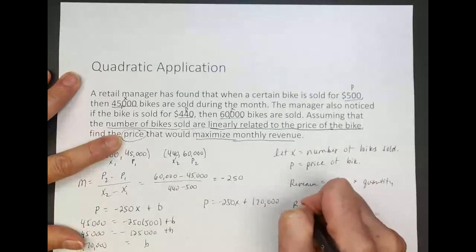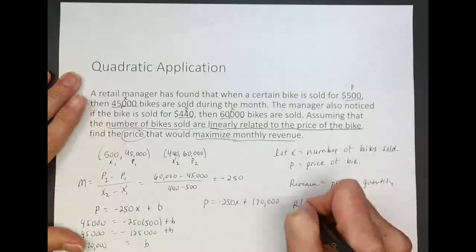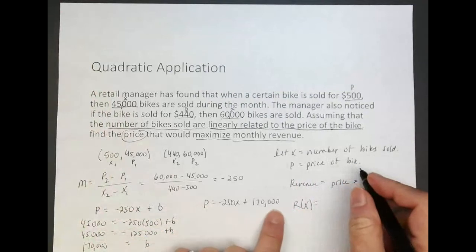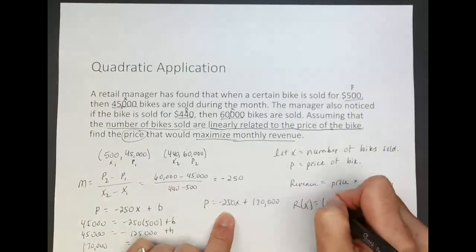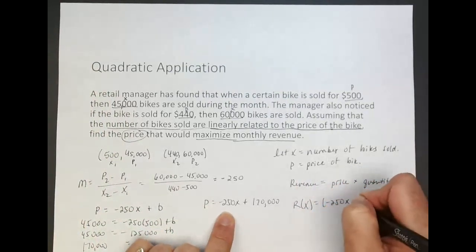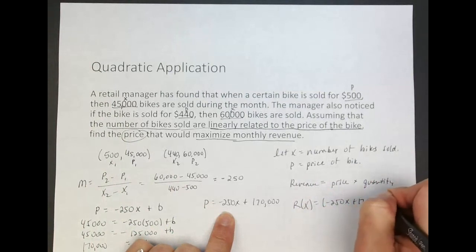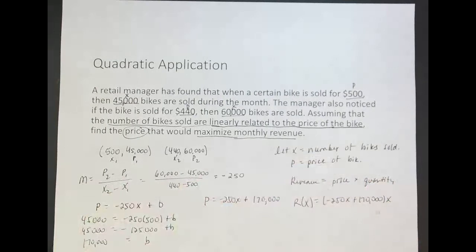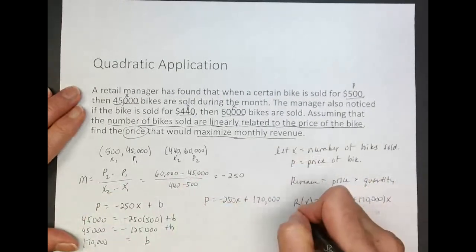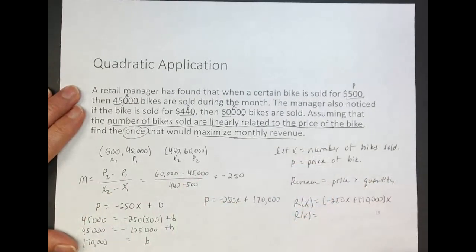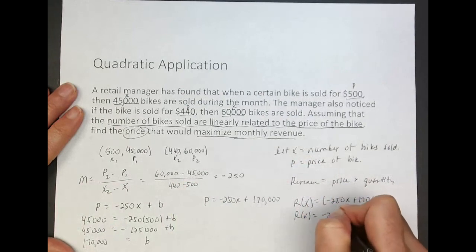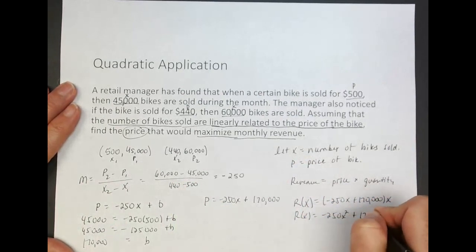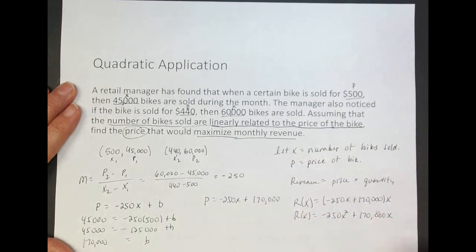So I'm going to say revenue as a function of X, the number of bikes sold, is going to be P, or, look, I've got this equation for P. Let me put that in there. Negative 250X plus 170,000 times the quantity sold, one more X. Now, if I simplify that revenue equation, I have negative 250x squared plus 170,000x.